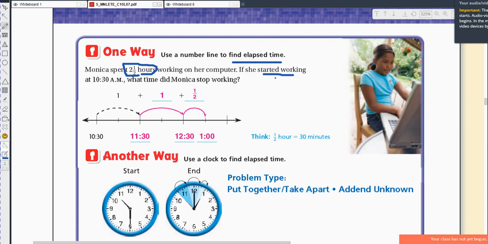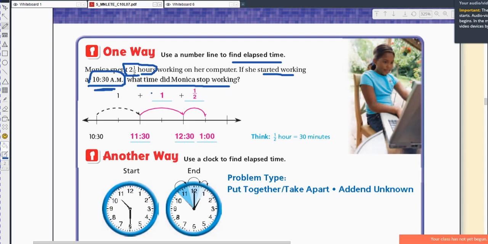If she started working at 10:30 a.m., what time did Monica stop working? We are going to add, because it asks about a future time. So we will add 2.5 hours to this time to get the time that Monica will stop working.